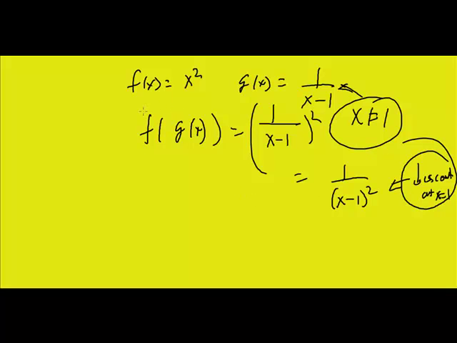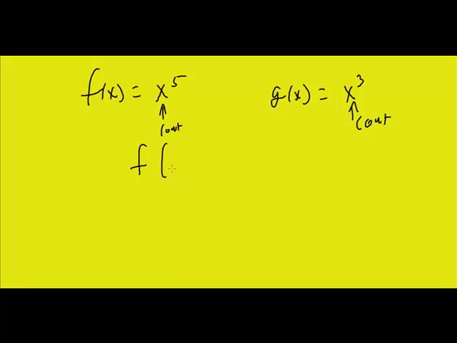Alright, so let's find two functions that are continuous everywhere. Let's say f of x is equal to x to the 5th, and my g of x is equal to x to the 3rd. Well, this is continuous for everything, and this is continuous for everything.